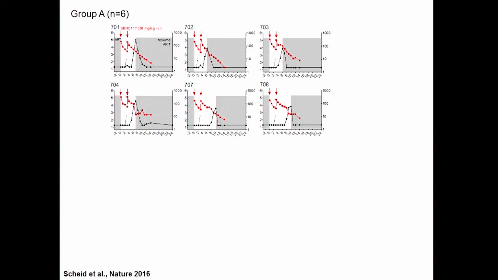Then we obviously, as I mentioned earlier, followed the viral loads and also the antibody levels in those patients. And this is the data for the 6 individuals that were enrolled in Group A. And you can see on the left the viral load, on the right the levels of 3bNC117, which are summarized in the red curves, whereas the viral loads are shown in black.